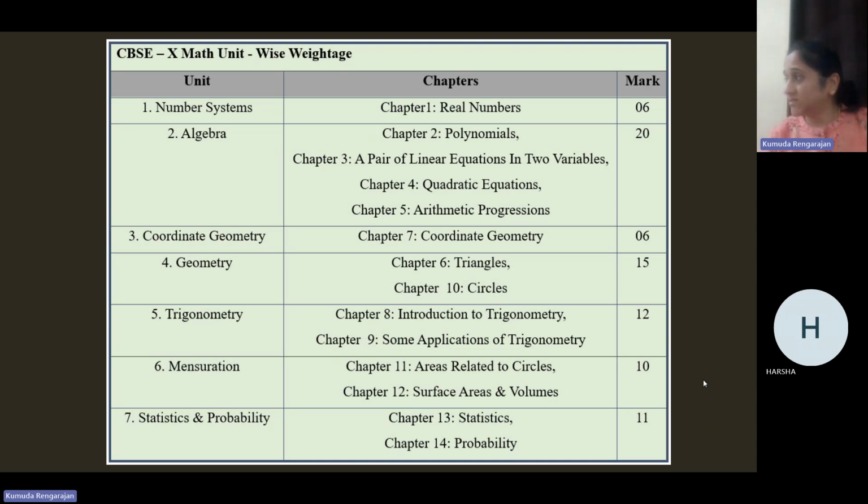A sequence is a set of numbers. These numbers are arranged in some specific order according to some rule. So we have three different progressions, as I told you: arithmetic progressions, harmonic progressions, and geometric progressions. Of this, you will be learning only arithmetic progressions in CBSE.